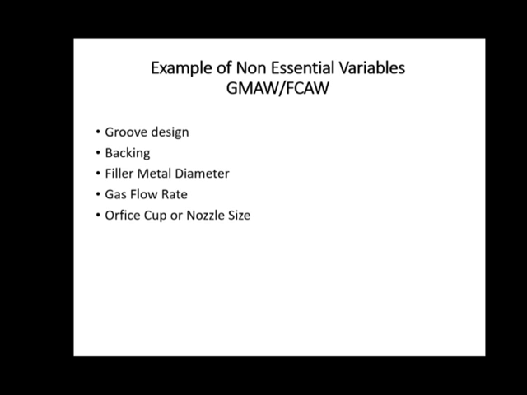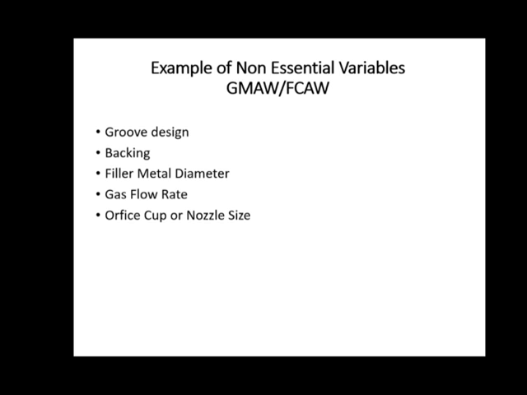If I qualify a weld procedure with .035 carbon steel hardwire, ER70S-6, and then I want to go to .045 or another size, they don't care. I just need to put it on the WPS and make sure the welder knows the size of filler metal that I'm using.